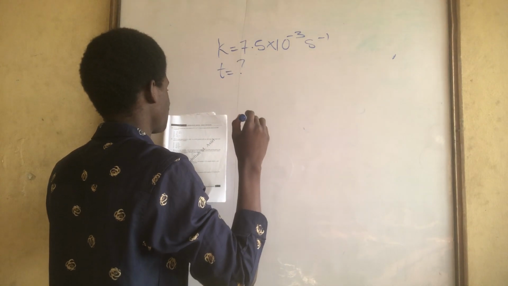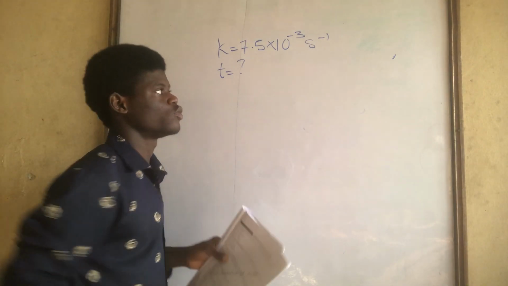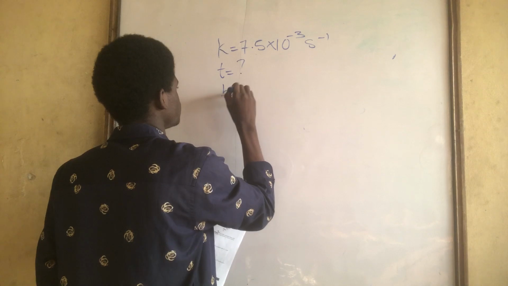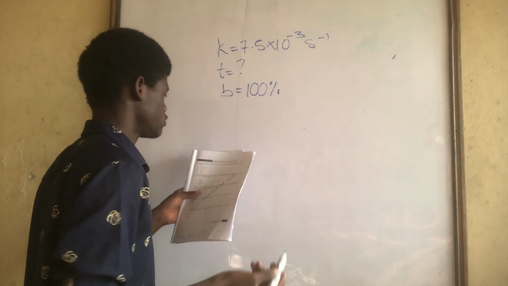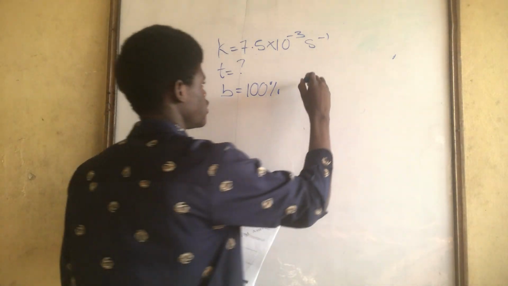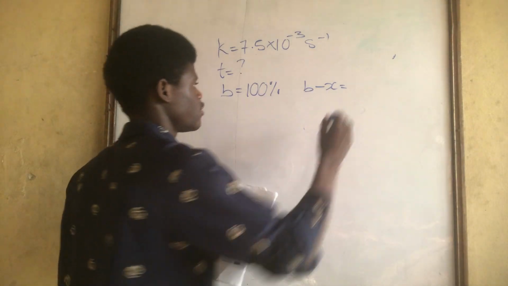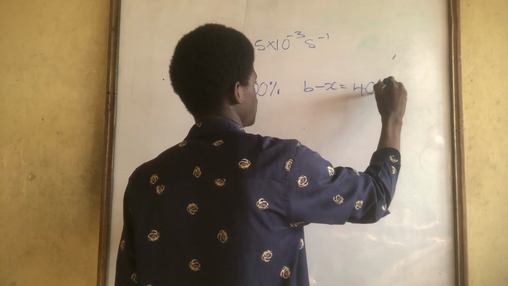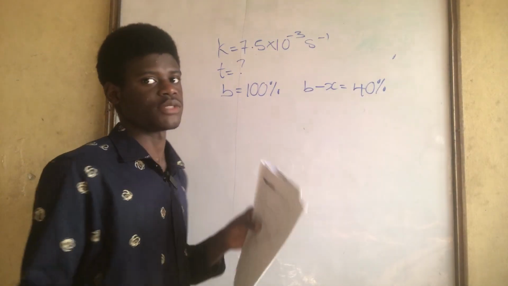The time required for the reaction to be 60% complete. That means the initial concentration is 100%, always 100%. The final concentration, since it is 60% complete, means it is 40% incomplete. That means the remaining 40% is the final concentration because 60% has been used.